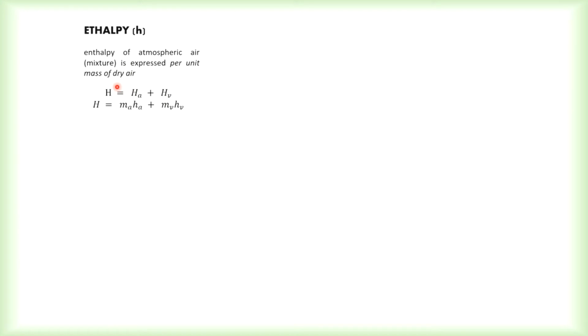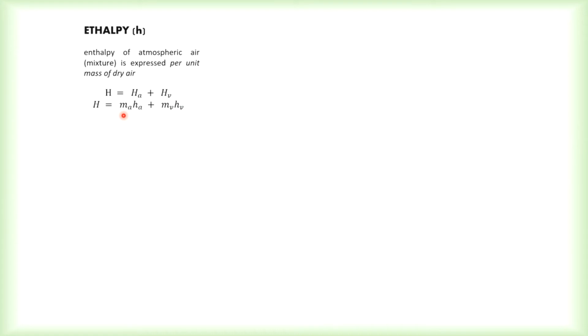So we start off with absolute enthalpy. By energy balance, the total enthalpy, or the enthalpy of the mixture, consists of the enthalpy of dry air plus the enthalpy of water vapor. We can also say that this absolute enthalpy is the product of mass and specific enthalpy, with respect to air and with respect to water vapor.